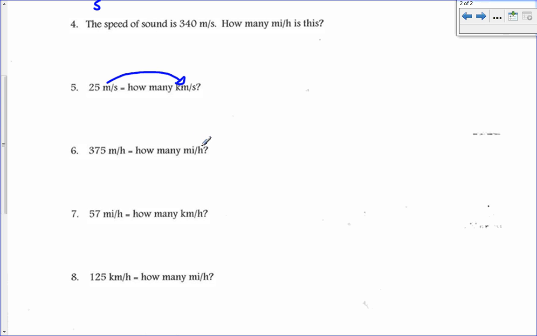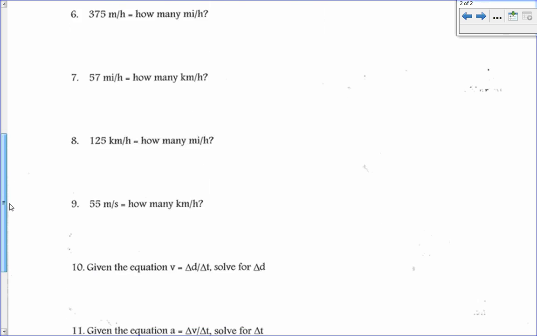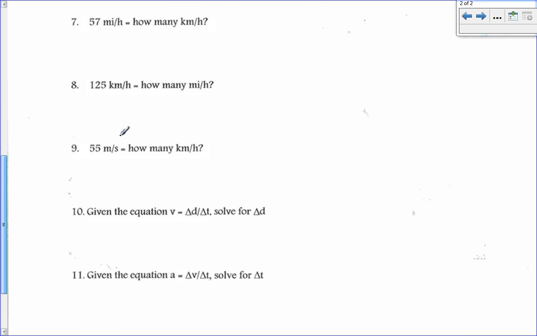Hours does not change. 7 is like 5 and 6. And 8 is like 5 and 6 and 7. You've got 2 conversions on number 9. You're going from meters to kilometers, and then seconds to hours.